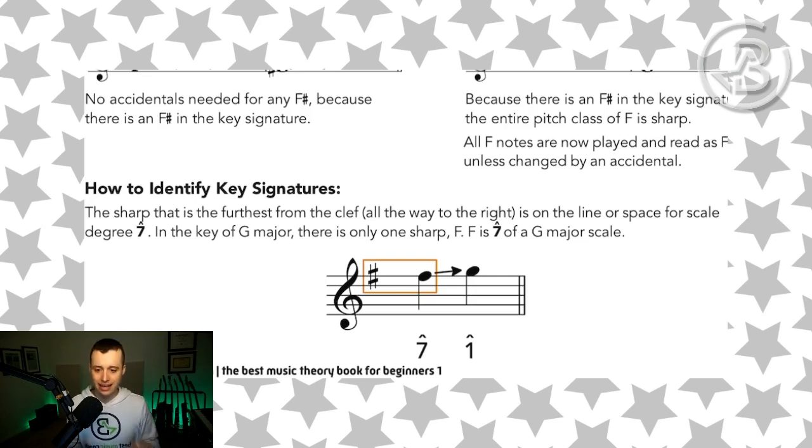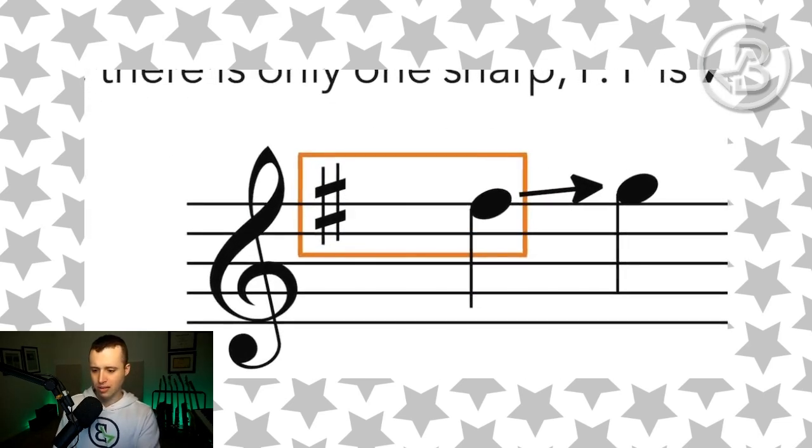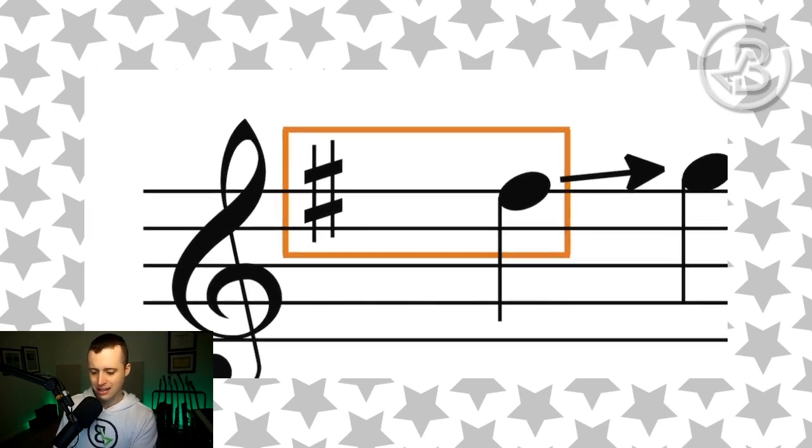If you can't already tell by thinking about it, all the notes of a G major scale, we only have an F sharp, just like we talked about before. This key signature is really showing us like this. It's saying, okay, in this key signature, there's a G, there's an A, there's a B, there's a C, there's a D. Notice I'm writing these letter names on the lines where these notes would go.